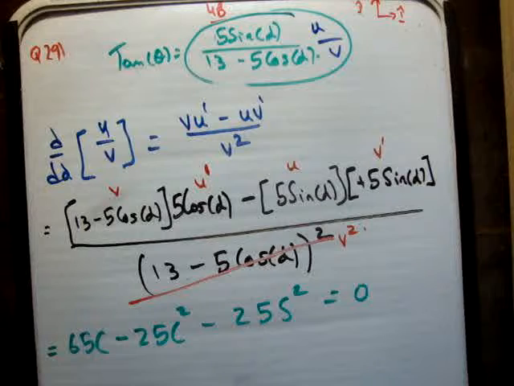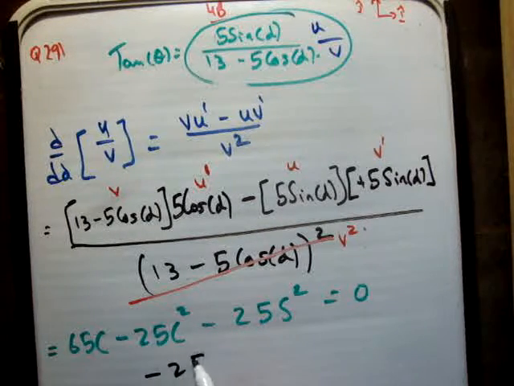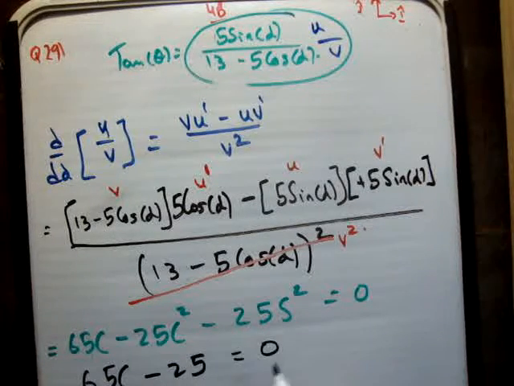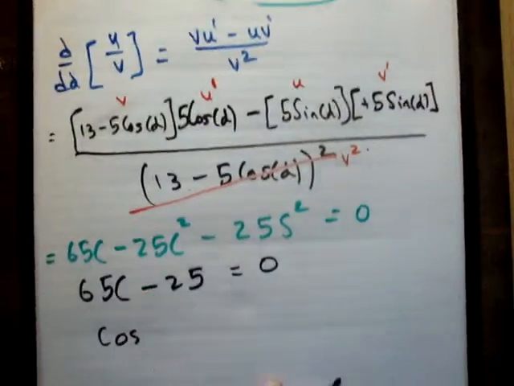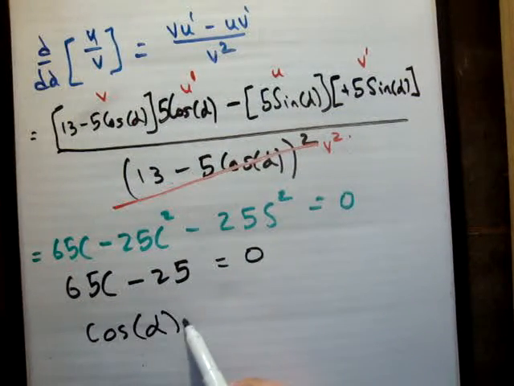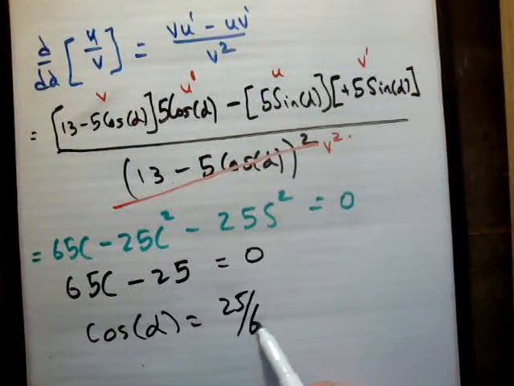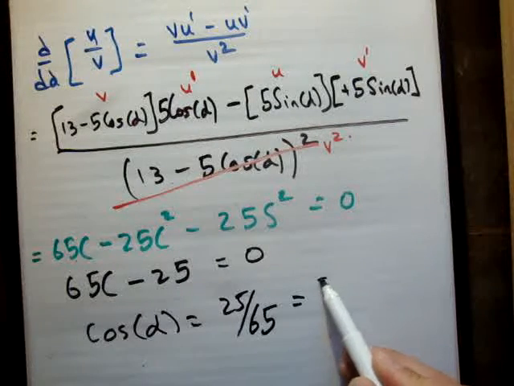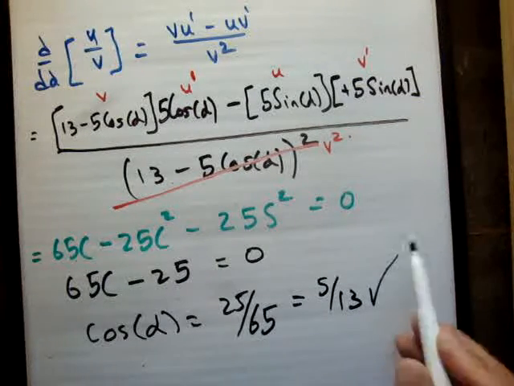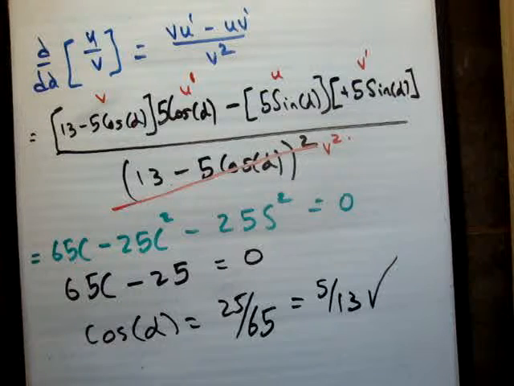And we know at this stage the cos squared plus sine squared is equal to 1. So this just turns out to be negative 25. And this turns out to be 65 times the cos is equal to 25. So the cos of alpha is equal to 25 over 65, and that's equal to 5 over 13. Alright, that was pretty straightforward.